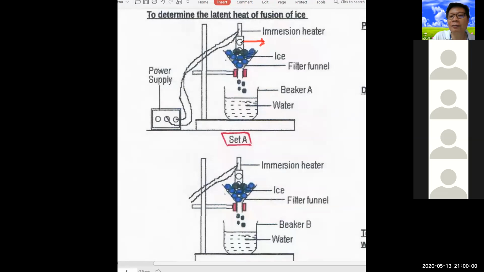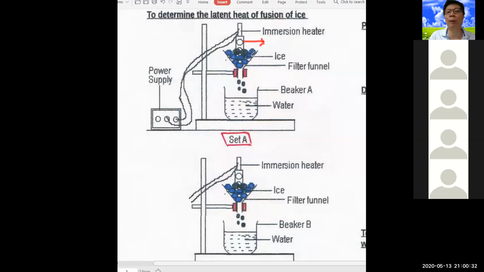No. Okay, if not, then the heat from where can melt the ice? If not 100% from the heater, there is another source of heat that can melt the ice. From where? Surrounding. Yes, very good answer. Correct, it's from the surrounding.